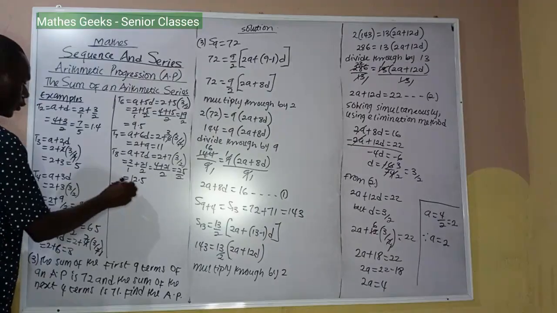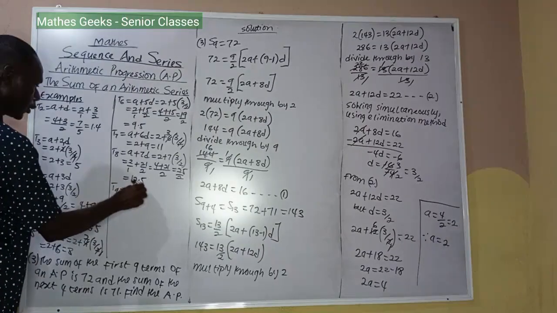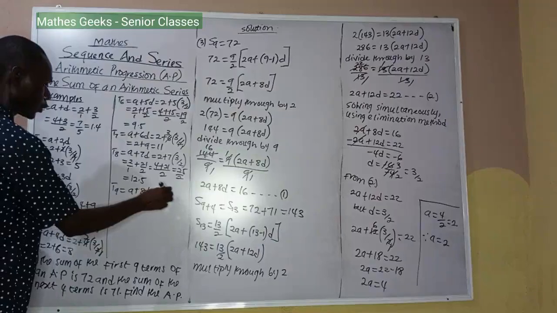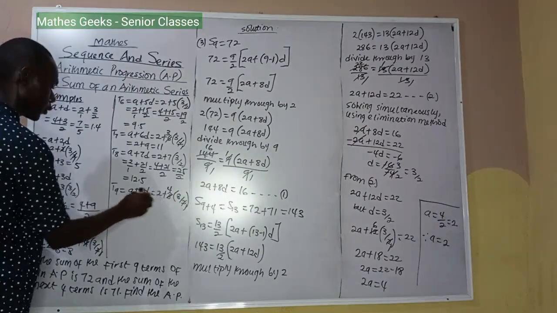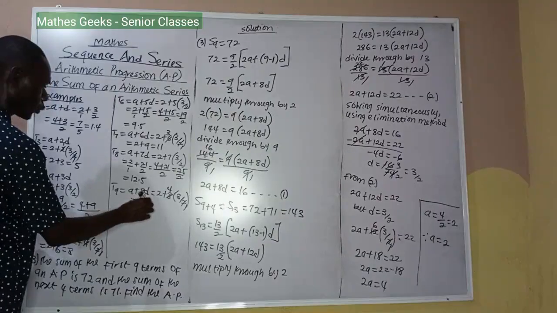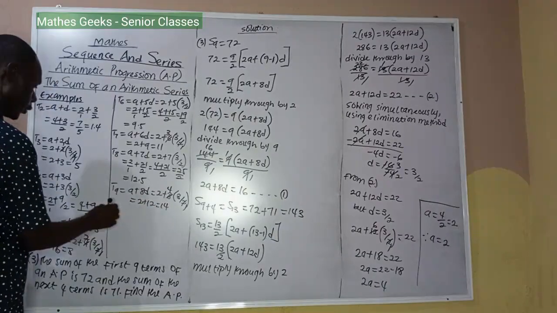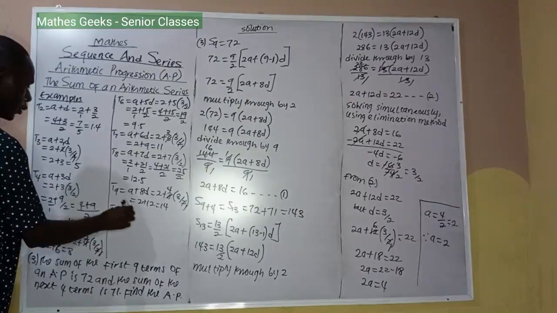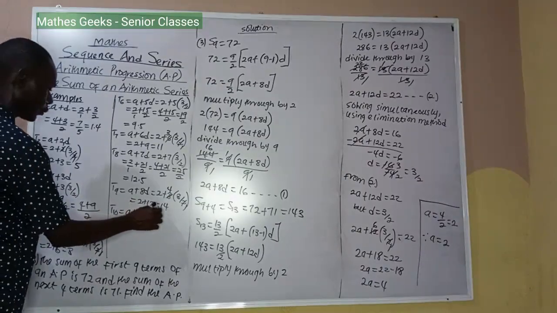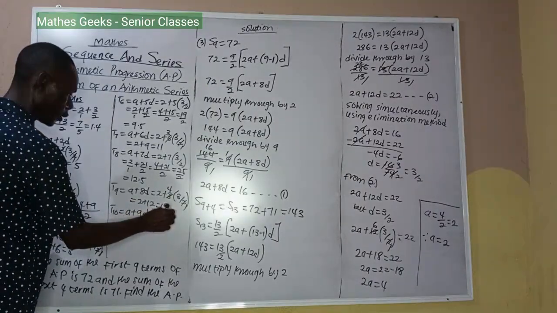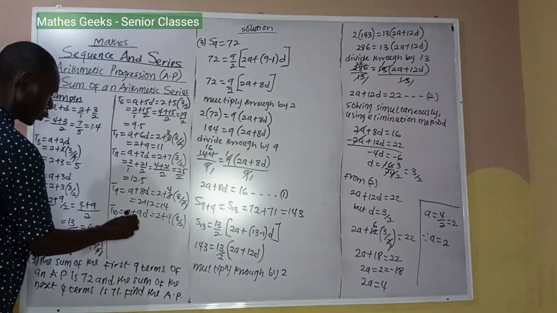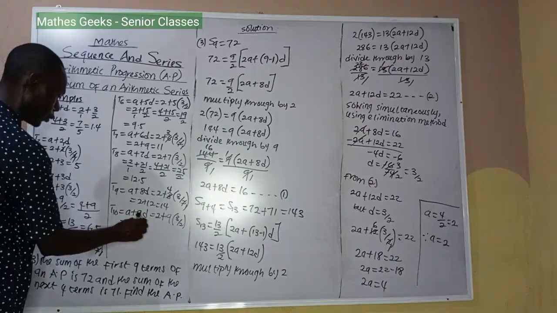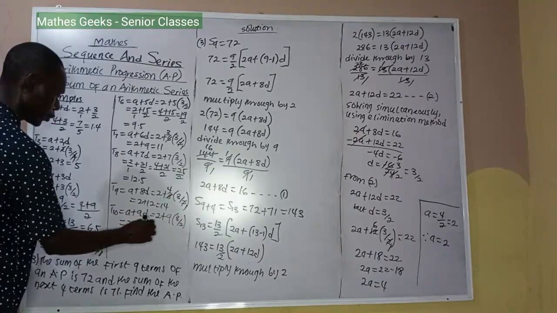T9 is A plus 8D. 2 plus 8 times 3 over 2. 2 here 1, 2 here 4. 4 times 3 is 12. 2 plus 12, that's 14. T10 is A plus 9D. 2 plus 9 times 3 over 2, 2 plus 27 over 2.